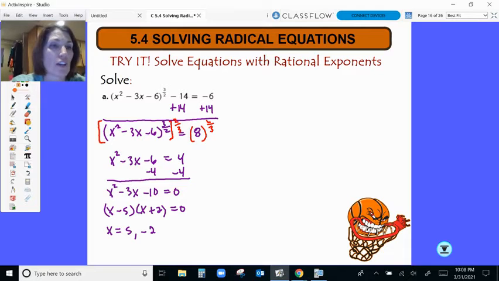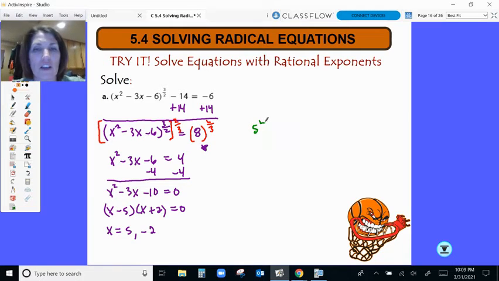Right? So now let's go ahead and be sure to check those. And I like to check it in this equation right here because it's already simplified. So I'm going to check that in with my 5 first. So I'll put 5 squared minus 3 times 5 minus 6, and all of that is raised to the 3/2 equals 8.